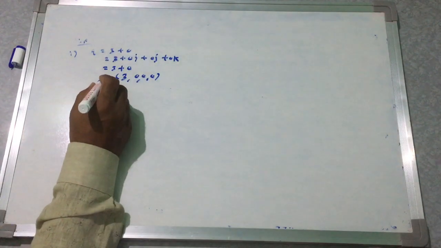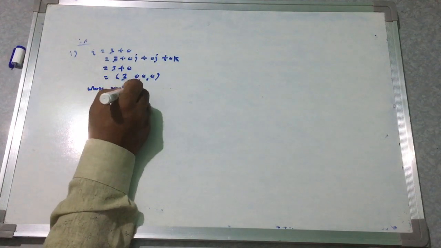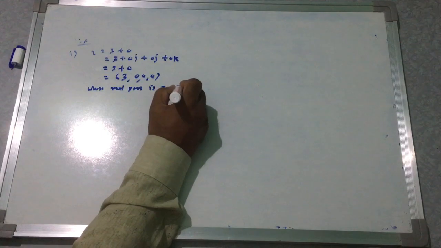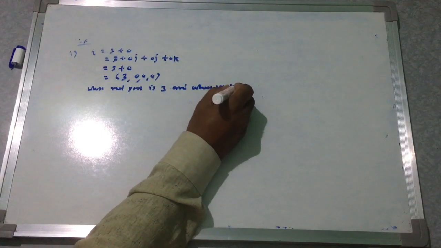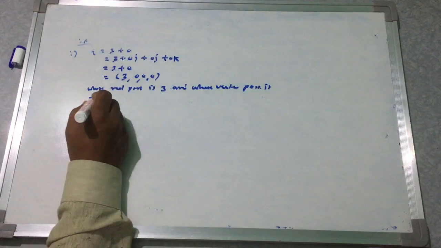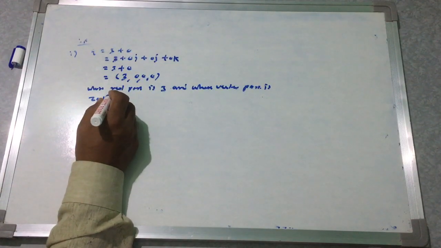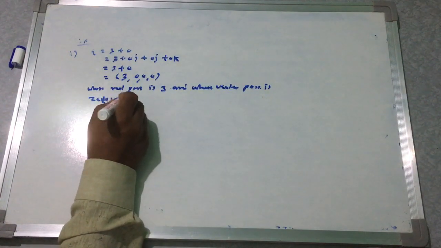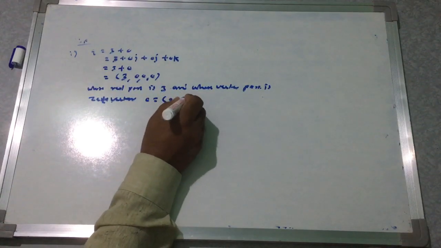Here Q is a quaternion whose real part is 3 and whose vector part is the zero vector, that is 0 = (0, 0, 0).